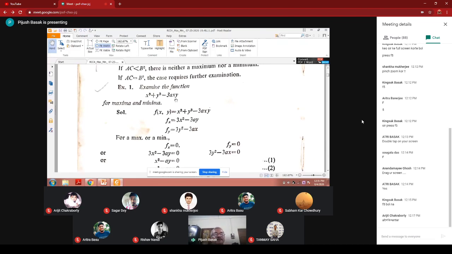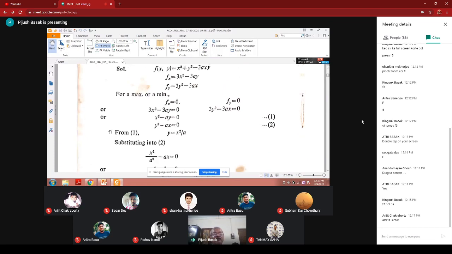So we are checking whether there is a maximum or minimum. Suppose it is an entire smooth plane, then there is no maximum or minimum. But we have to check as per the last theorem whether any maximum or minimum holds for this point.